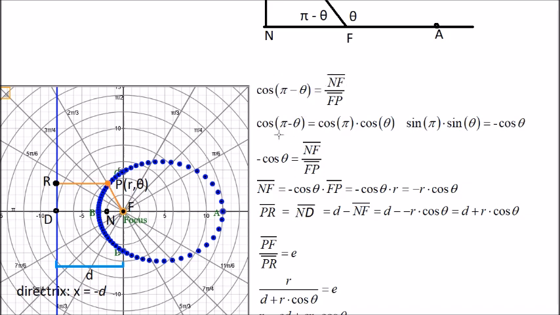From trigonometry, cosine of pi minus theta is negative cosine of theta. Therefore, we have negative cosine of theta equal to the length of segment NF divided by the length of segment FP.